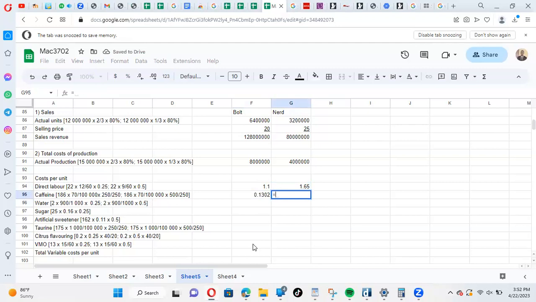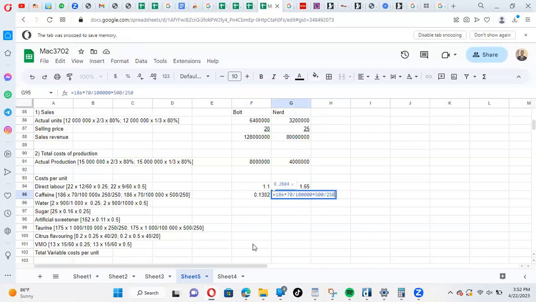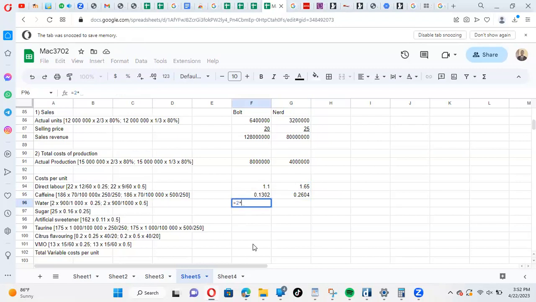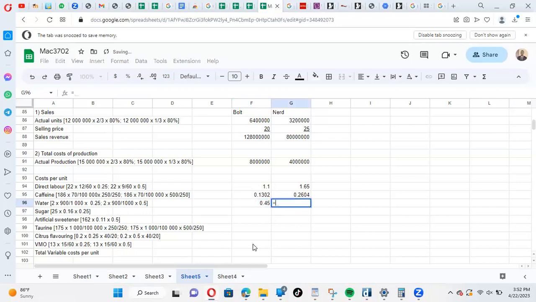Okay, we do that again. 186 times 70 divided by 100,000, times 500 divided by 250 is 2. Just about double that amount. 2 times 900 divided by 1000 times 0.25. 2 times 900 divided by 1000 times 0.5.